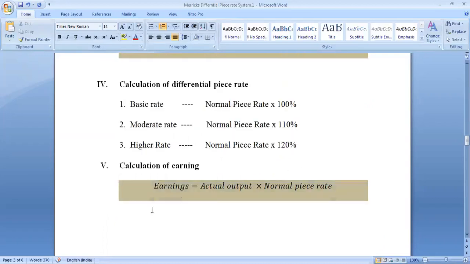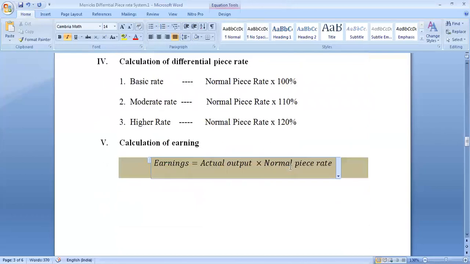The last step is finding out the earnings. The actual output of a person will be multiplied by the rate from the fourth step.